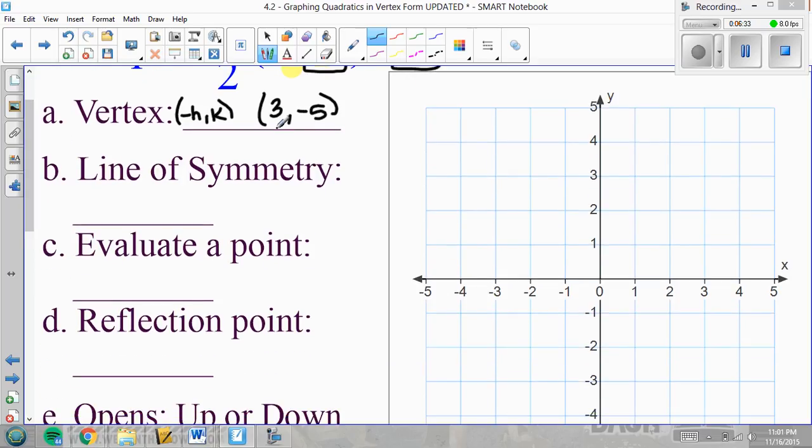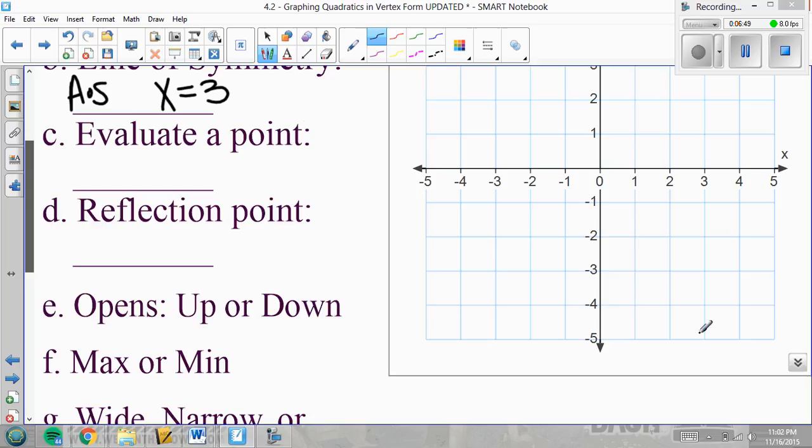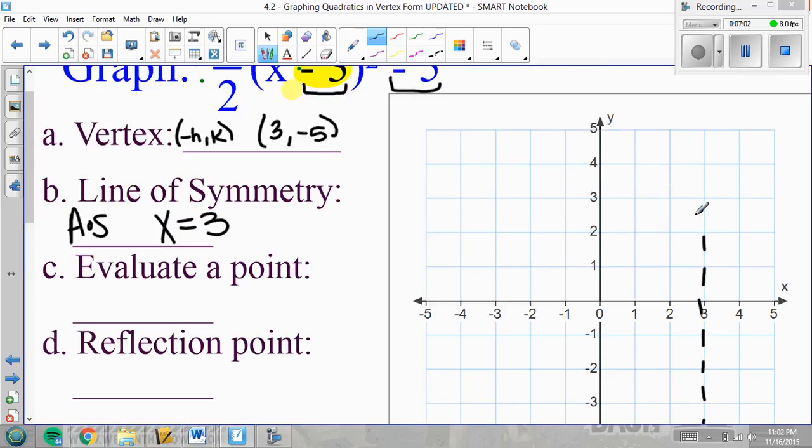And if I know the x of my vertex, just like in standard form, I know my line of symmetry, which is also my axis of symmetry, x equals 3. So I want to plot 3, negative 5, and draw my line of symmetry. So my vertical line right through my vertex.